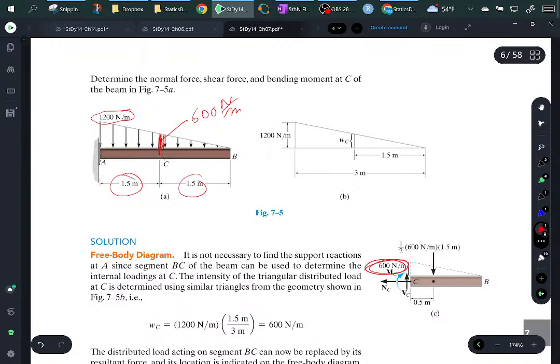That's what he has. So then what he does is he says, okay, what's the area under this diagram? Not the area under that diagram, but the area here. The area is 600 times 1.5, the width of that thing, and then half of it, because this part up here doesn't exist.